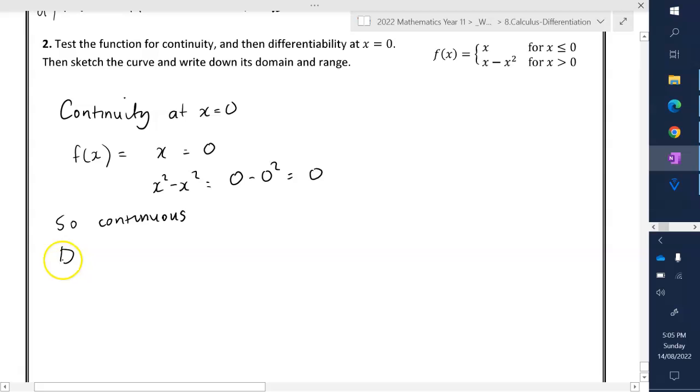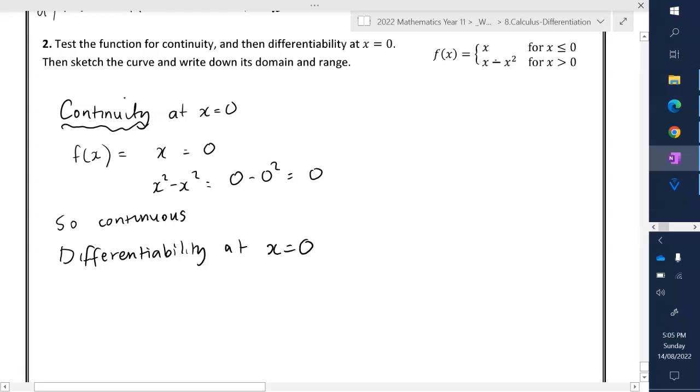Let's check for differentiability at that point as well. It's a big word, differentiability at x equals 0. The best way to test for that is to differentiate each part of the function. Pop in x equals 0 and see if we actually get the same value of the gradient at that point.